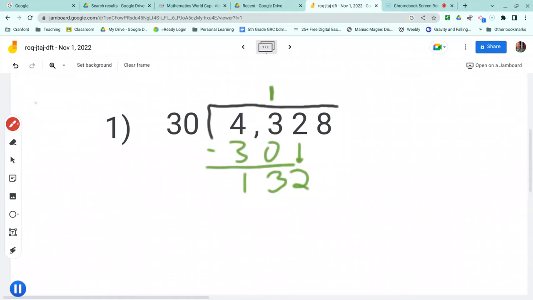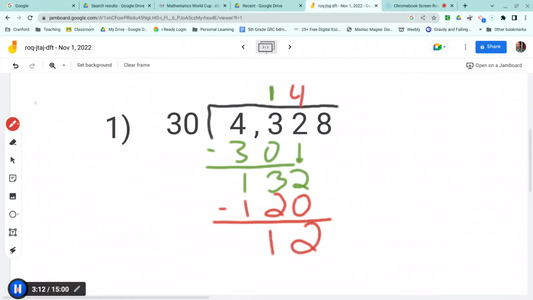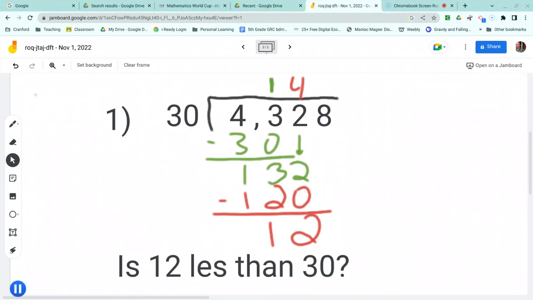What can I multiply 30 by to get 132? Oh, I know, 4 times 30 is going to give me 120. And I'll subtract. And I'll ask myself the same question as before. Is 12 less than 30?